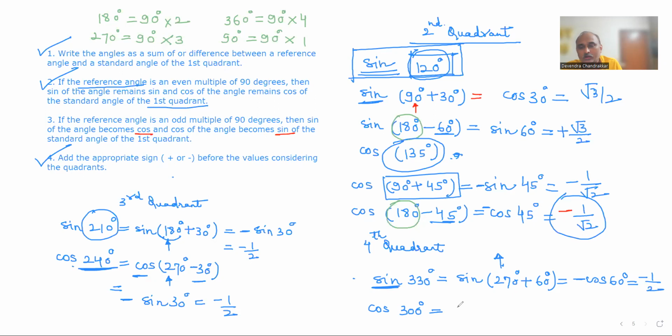Cos 300, I'll write it as an even multiple, 360 minus 60. So cos remains cos, it will be cos 60 only. And since it is positive in the fourth quadrant, the answer is 1/2.